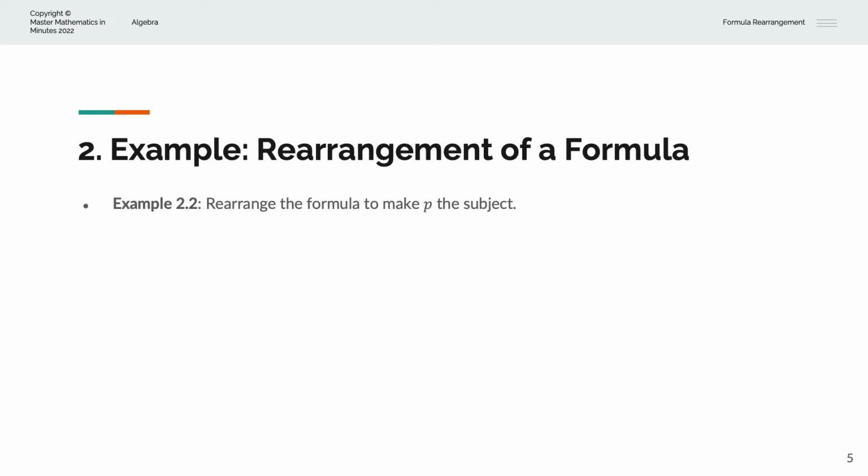In the second example, we're asked to rearrange the formula to make p the subject. So given the expression 2 into a plus p is equals to 100. So p is in green, and the intention is to make that the subject. So we'll copy a plus p on the left-hand side, we'll copy the 100 on the right-hand side, and we'll divide both sides of the equation by 2.